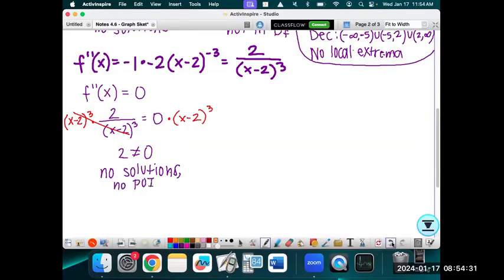Now, that doesn't mean that the concavity doesn't change. It could change on either side of our vertical asymptote, because I know that we do have one. But the way that we figure that out, do your second derivative number line with those domain discontinuities.